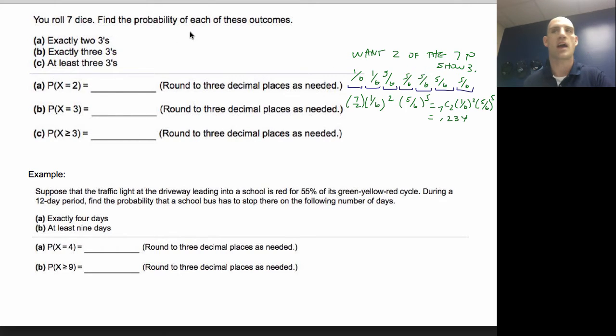Second one, exactly 3 threes. Well, it's kind of the same sort of idea, except we're not taking 2 at a time, we're taking 3 at a time. And so it's 7c3, 1/6 to the 3rd, because we want 3 of them for a favorable outcome of 3. And then 5/6 to the 4th, because 4 of them are not going to show.